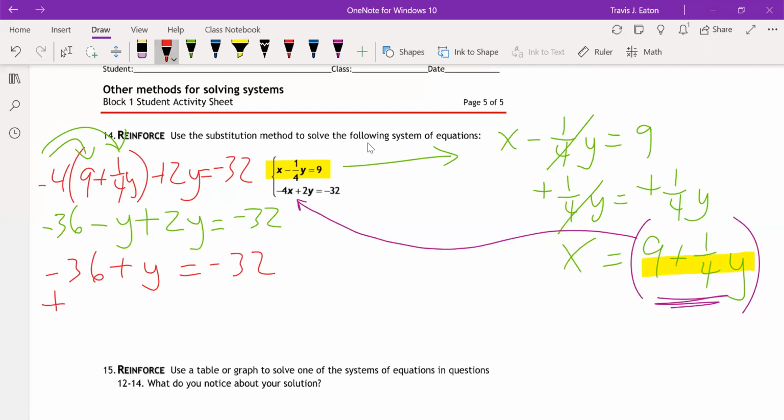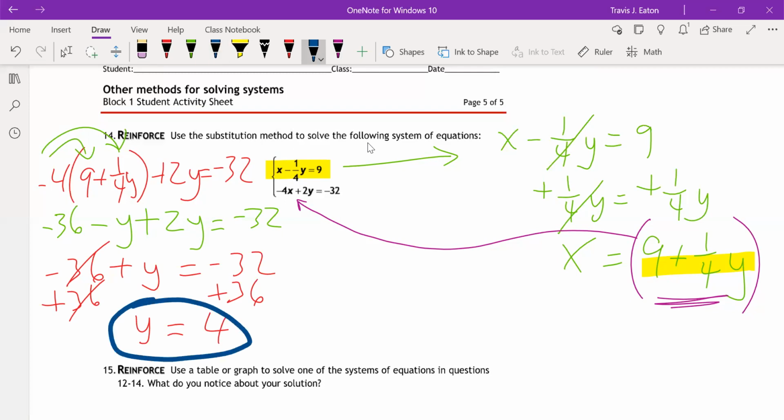Now I'm going to add 36 to both sides, because those will cancel each other out and leave me with y equals -32 plus 36 is 4. Well, now I know how much y is. All right, y is 4.